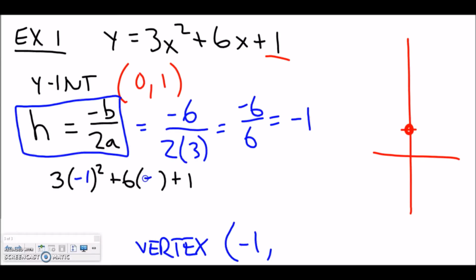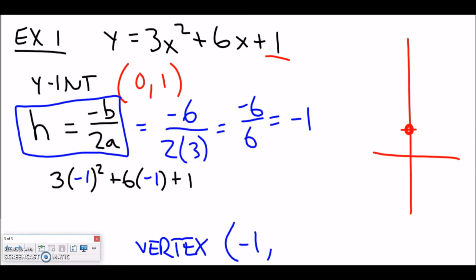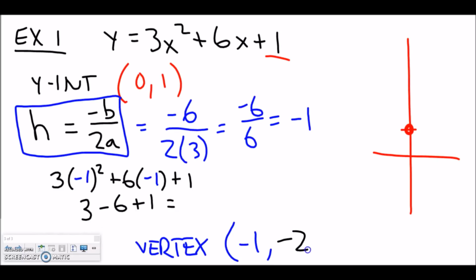So I will take the negative 1 that we just solved for as the x-coordinate and plug it in for x. Let's do some things in my head. Negative 1 squared is 1 times 3 is 3. 6 times negative 1 is negative 6, and plus 1. And if I do all of that, I get negative 2. So my vertex is at negative 1, negative 2.